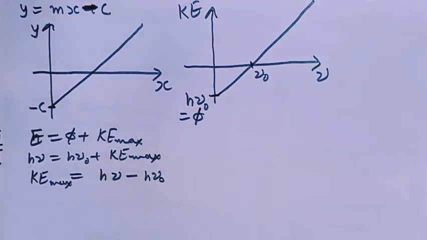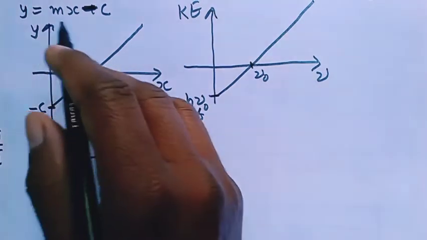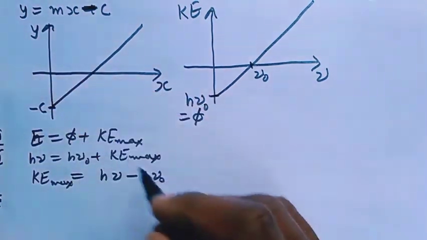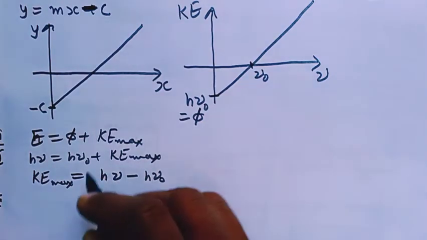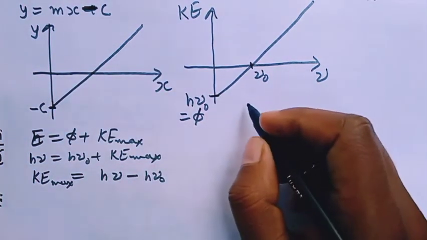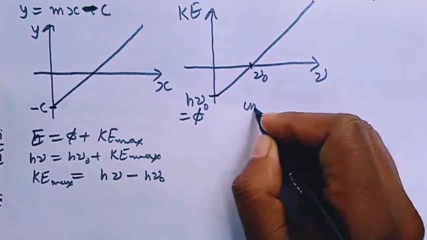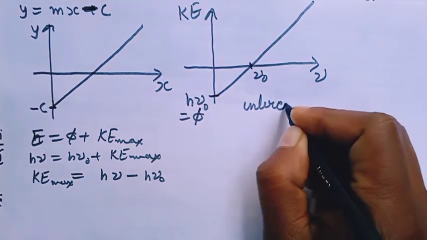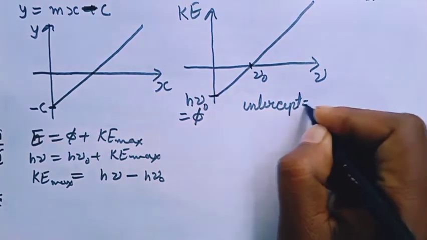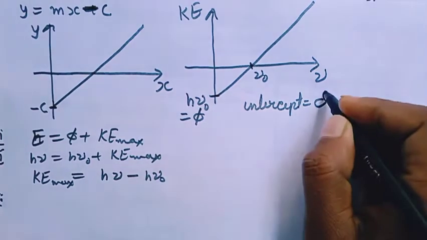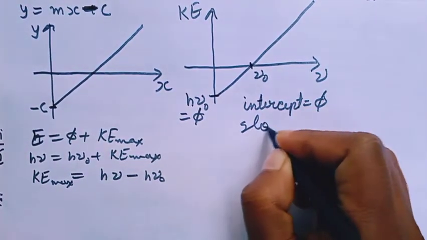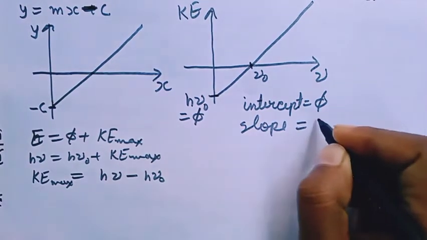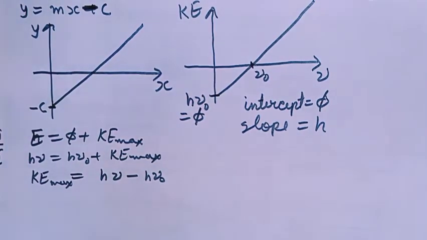See, m is the slope of this line. Here m is h, so its intercept will give the value of phi, and its slope will give us the value of Planck's constant.